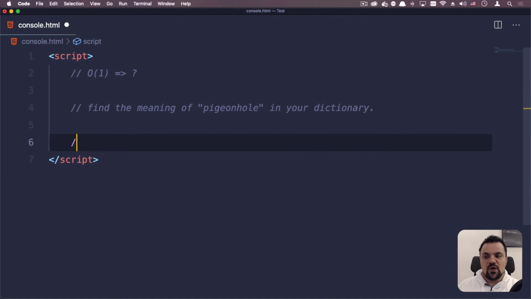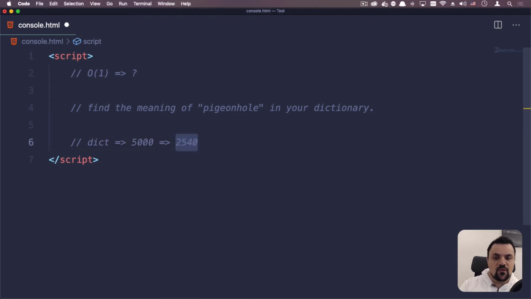That means if we have a dictionary with 2,000 pages, or 5,000 pages, a very big dictionary, and this pigeonhole lives on, let's say, page 2,540, then we have to spend 2,540 pages looking for that word before we reach it, and that's very slow.